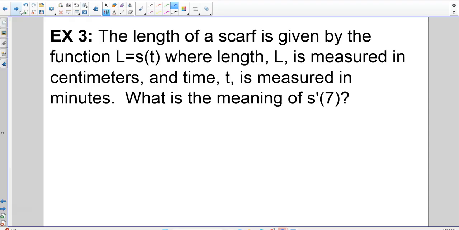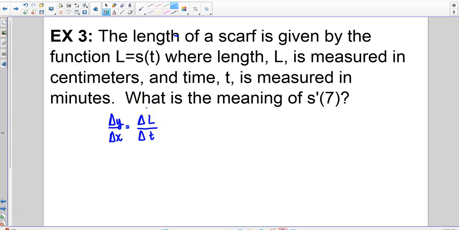So I would start off with units on this because sometimes just knowing the units helps you form your answer, right? You don't have to write this every time, but I will right now because I'm explaining it to you. Changing y over changing x, but in this case, y is not y, right? Our dependent variable in this case is our L, and our independent variable is the t.